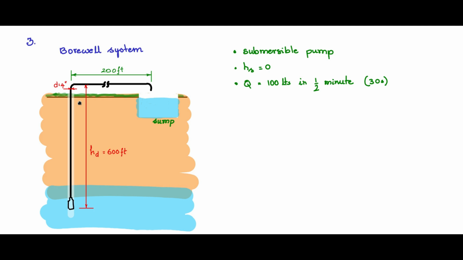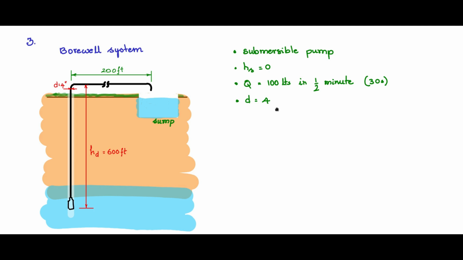But this is not a strict value. It depends upon the amount of water that is available, the depth to which the pump has been placed under the ground. So therefore, this is only a representative value, 100 liters in half a minute. Sometimes you have some borewells giving much more, and sometimes some borewells give less.